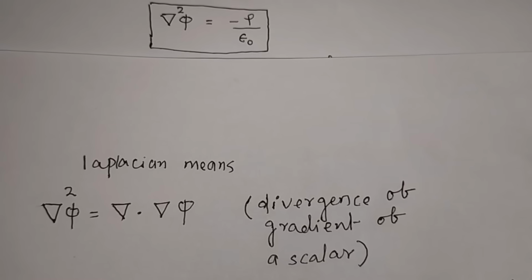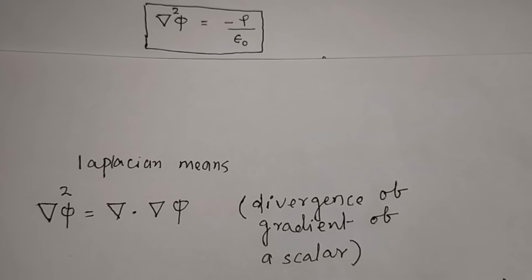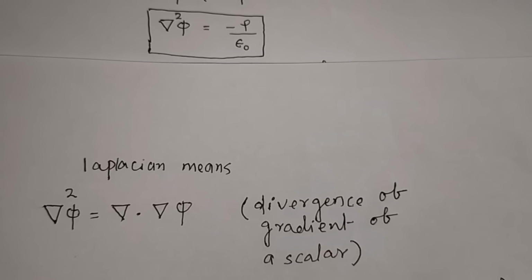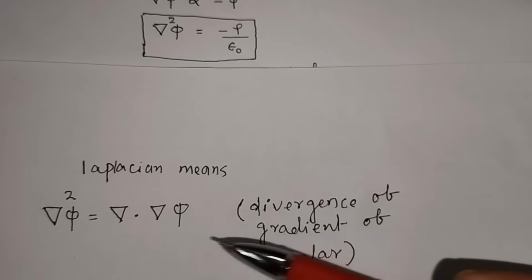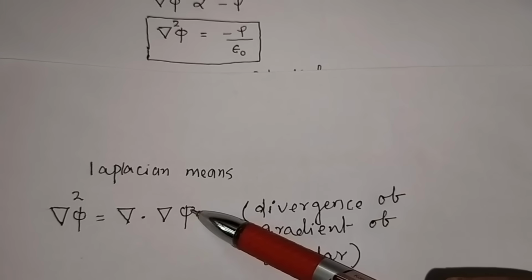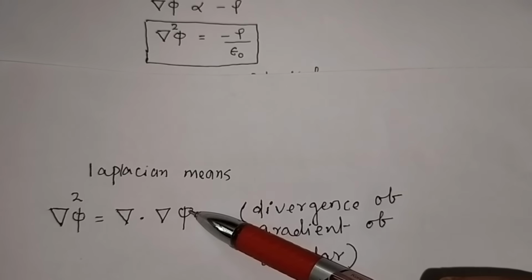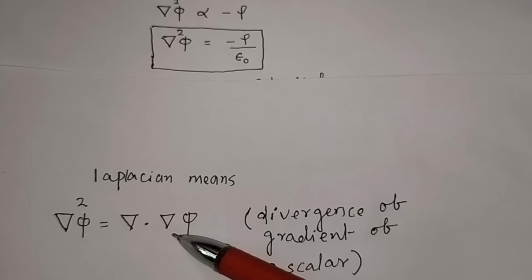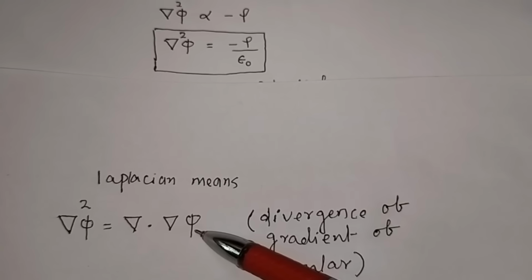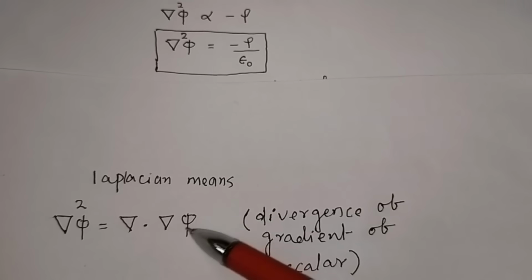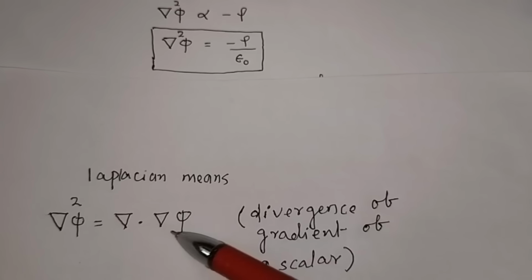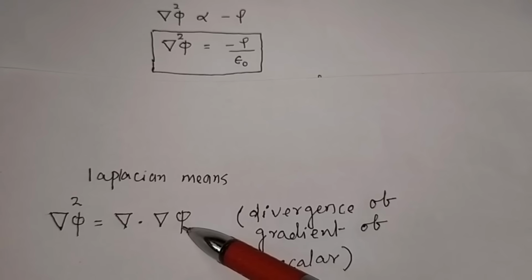As I have discussed in a previous video about the Laplacian, Laplacian means divergence of the gradient of a scalar. Suppose you have a scalar function phi. Here the scalar function is your electric potential. Then if you find the gradient of the scalar function, this will be a vector. The gradient of the electric potential will be a vector.